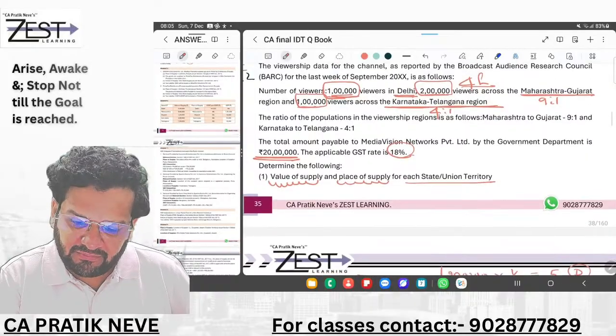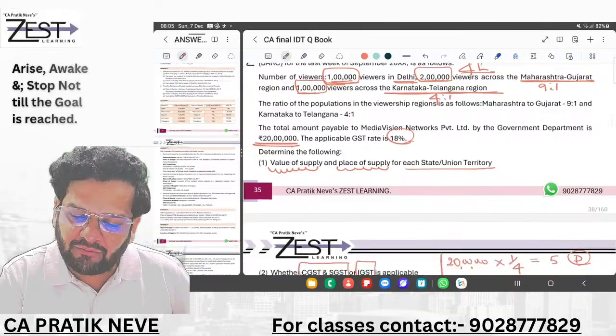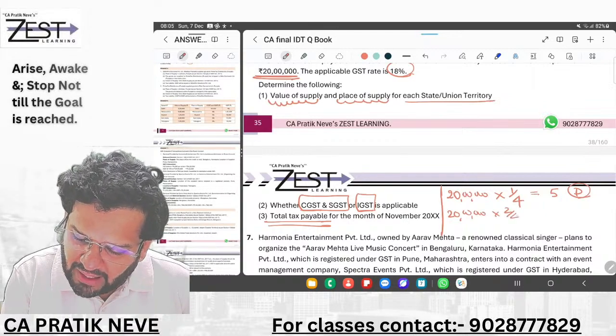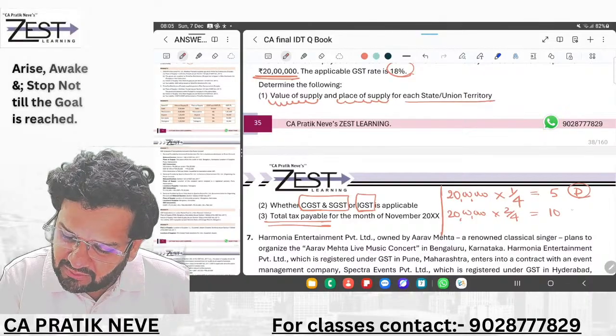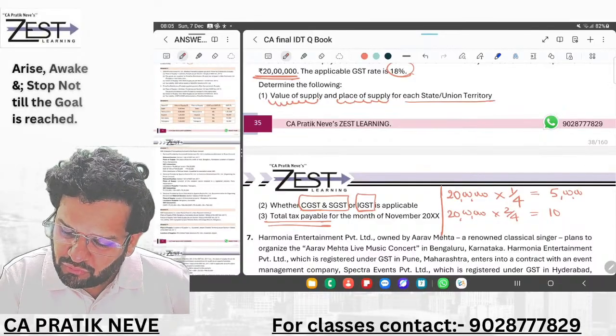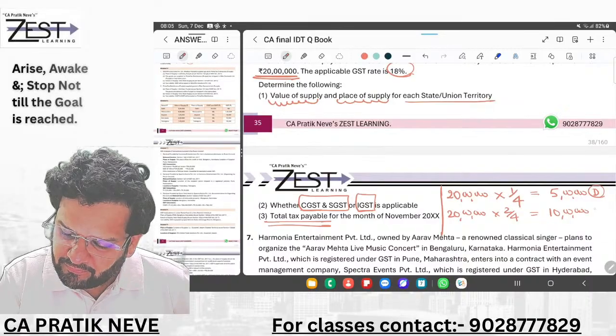Now fix Maharashtra, Gujarat, which has 2 lakh viewers. So Maharashtra, Gujarat, 20 lakh into 2 by 4. So Maharashtra, Gujarat will fix at 10 lakh rupees. So 5 lakh is Delhi, 10 lakh is Maharashtra, Gujarat.